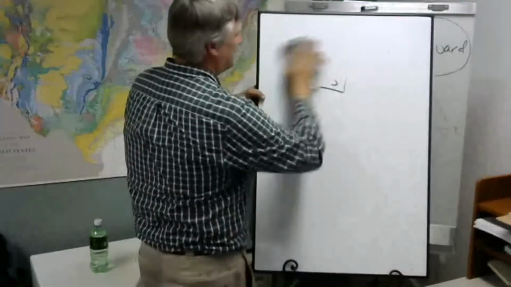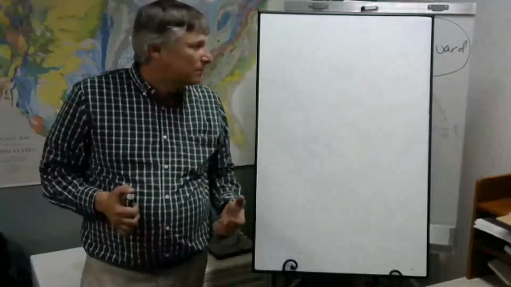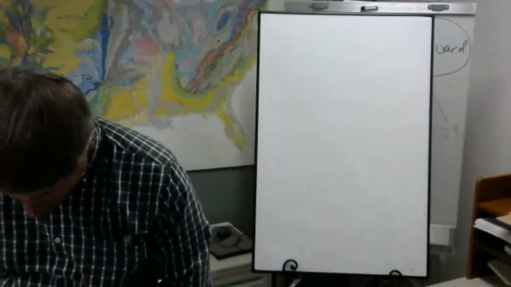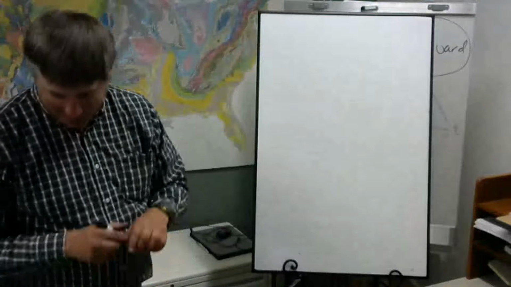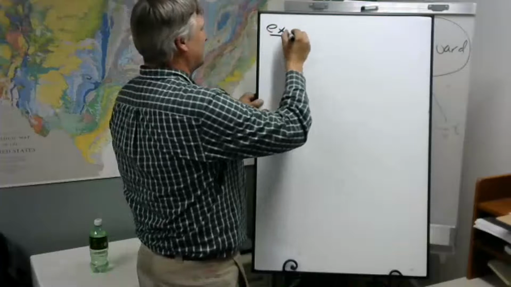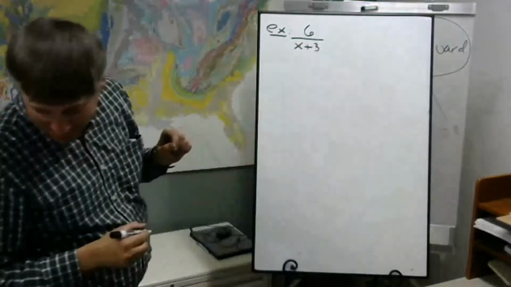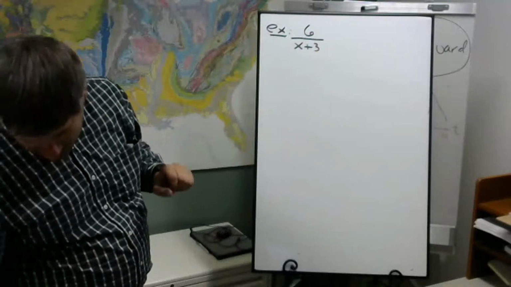So what we do with fractions, we're going to do the same thing with what are called rational functions or rational equations. Let's see. So let's say we have this. Maybe there's a slightly different one.